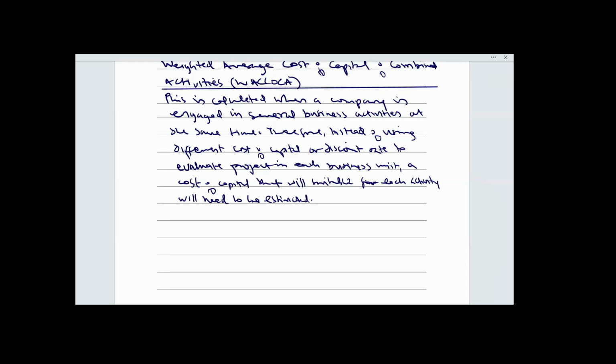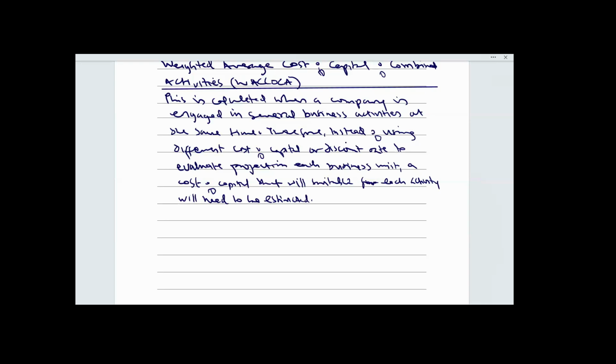So instead of having different costs of capital for each segment, you have a suitable cost of capital that will be consistent, one that will be suitable to appraise all the projects. You are supposed to estimate only one that will be suitable for all the projects.